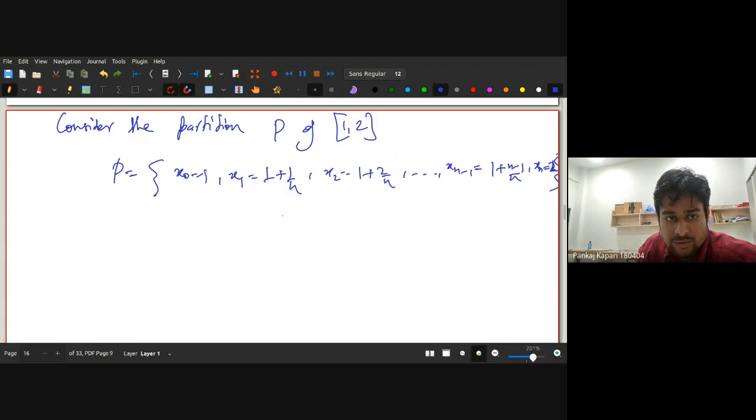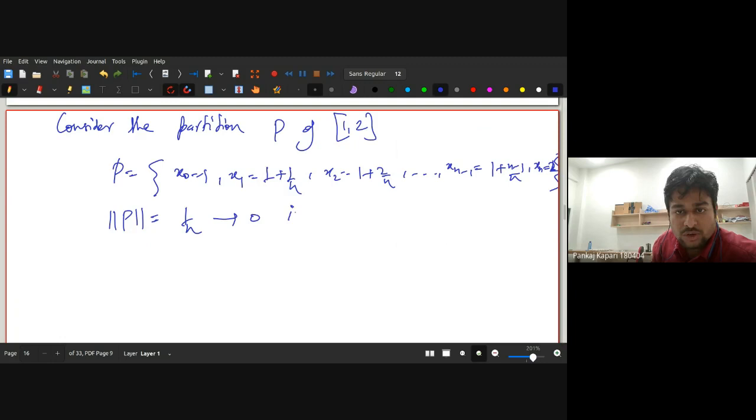You can see that we have divided our interval 1 comma 2 into n equal parts. So what is the norm of P in this case? It is 1 by n. And again, this norm goes to 0 if and only if n goes to infinity.